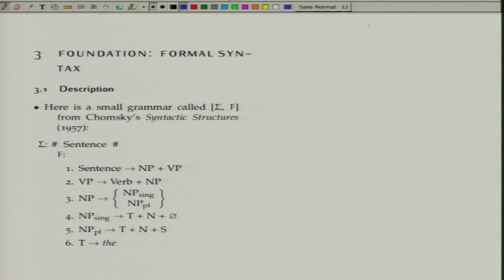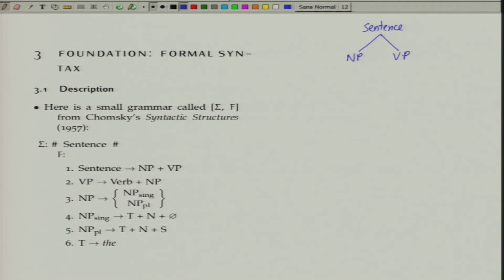So we know that the first step would be like this: sentence goes to NP VP. This is another way we can derive a tree. Instead of writing sentence and then writing NP plus VP, we can directly show the branches.